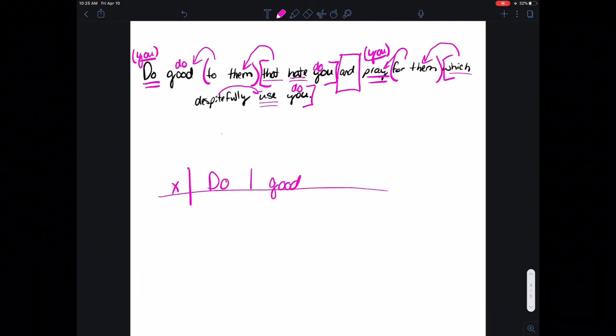Okay. To them, we said modifies good, and it's a prepositional phrase. So preposition, object of the preposition. That hate you is an adjective clause modifying them. So I'm going to draw underneath that. Your subject. Hate is your verb. You is your complement. Dotted line from what it modifies to our signal word.